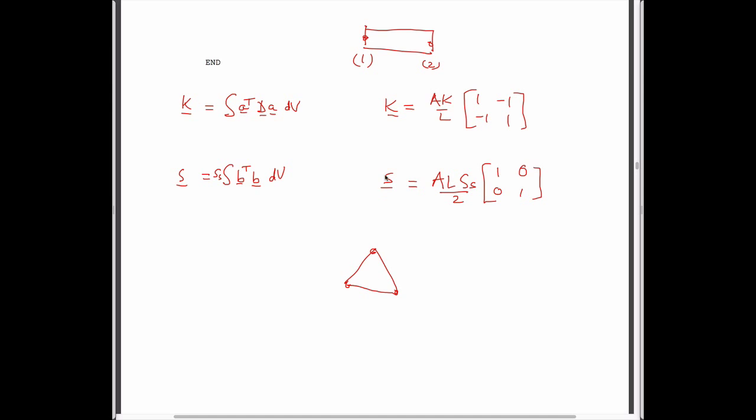Likewise, the storage matrix will have some different terms. Here's a question for you. What would we expect the lumped parameter storage matrix to look like for a triangle?